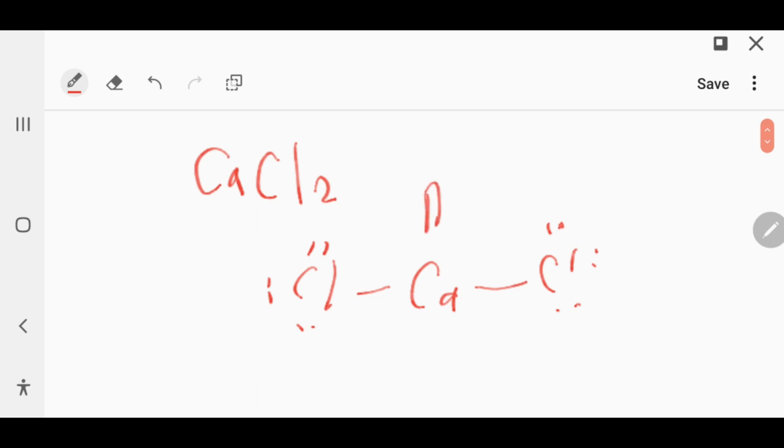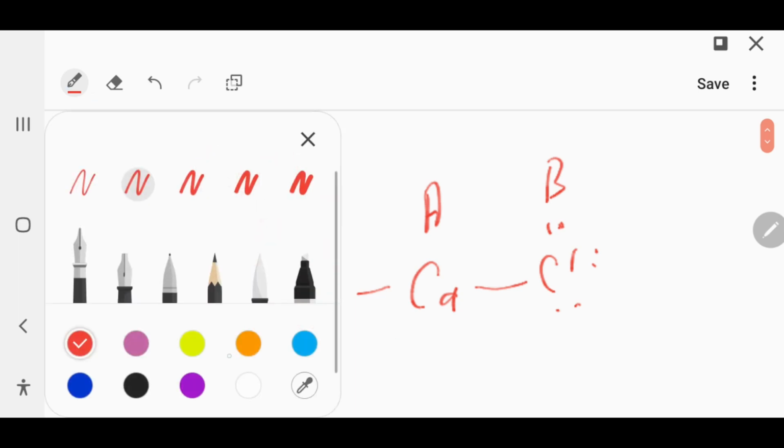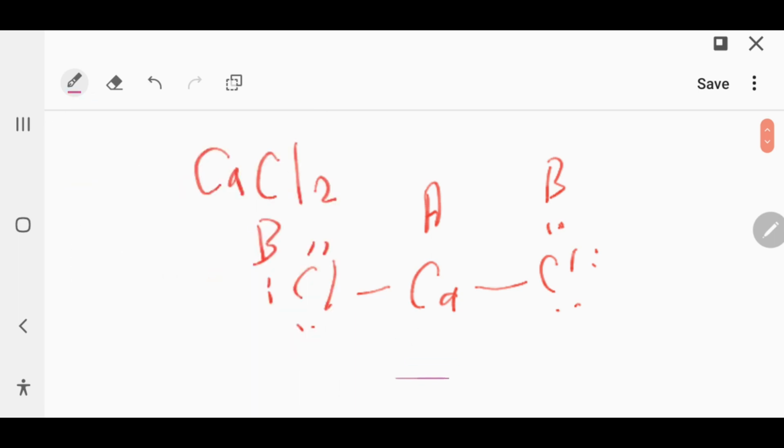So it is A with B and B. So the general formula here is AB2. And AB2 means that we have a linear compound with an angle of 180 degrees.